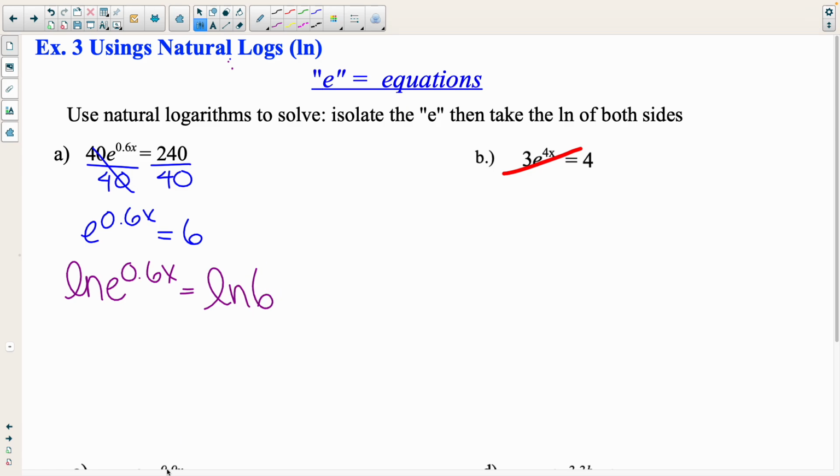Now, as I bring this to the front using the power rule, I would have 0.6x times 1, because this whole thing just equals 1. So we can just bring that to the front and leave it, because the other part is going to cross out.